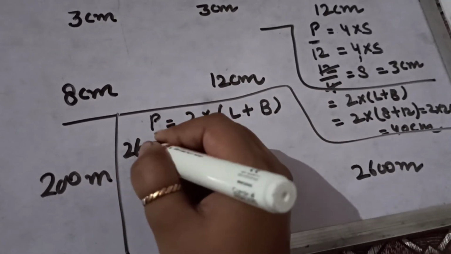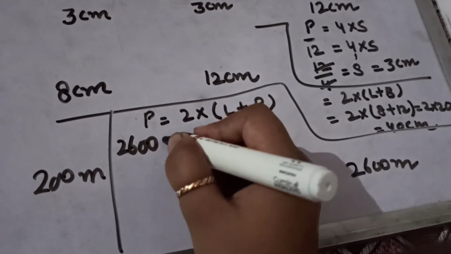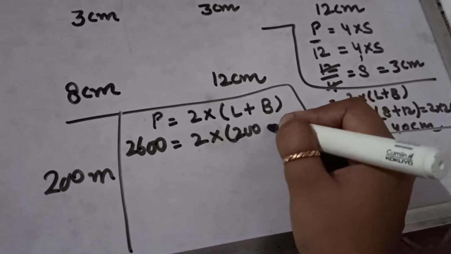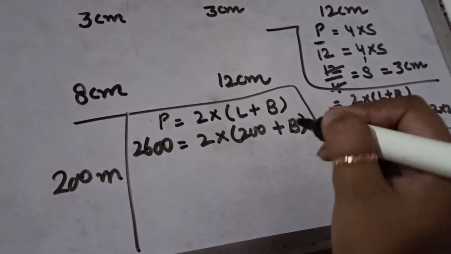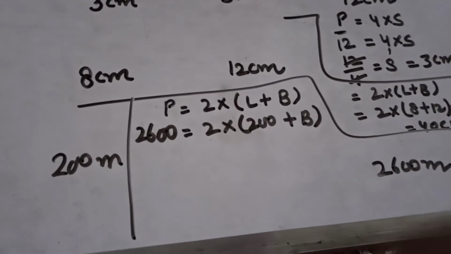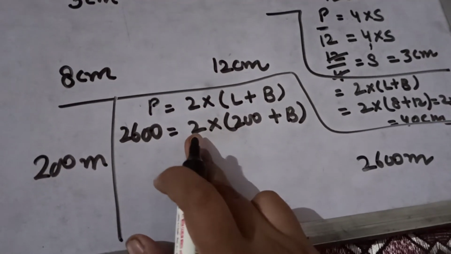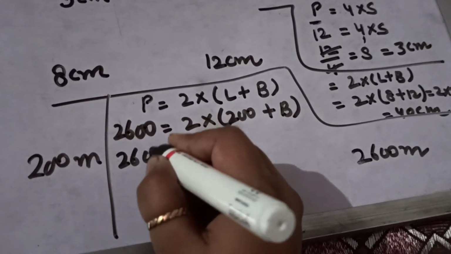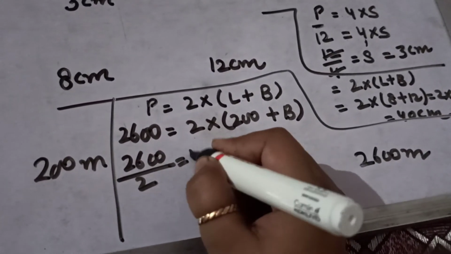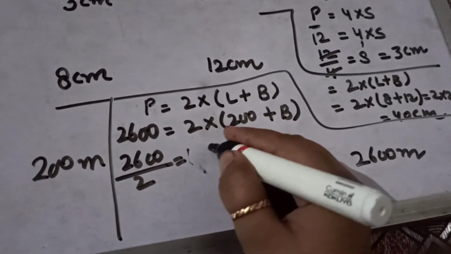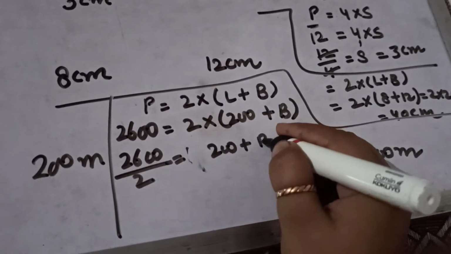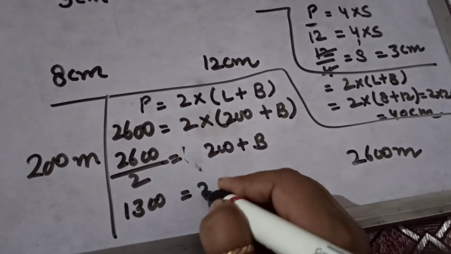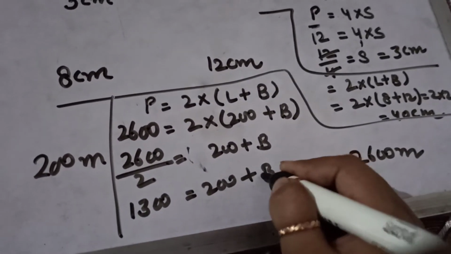Now the value of perimeter 2600, 2 multiply length 200 plus, at the place of breadth we will write B. This 2 is here in multiply, so I will take it this side and it equals to 200 plus B. Now this is 1300 equals to 200 plus B.